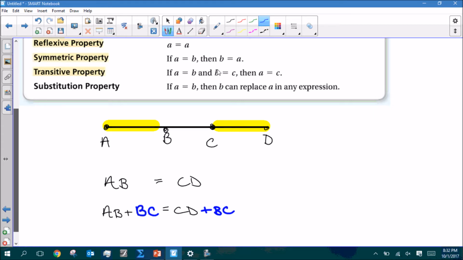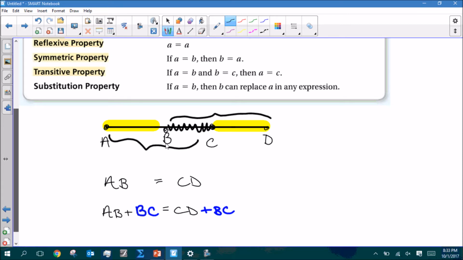Okay. Now what we've done here visually is we started with this yellow segment AB, and now we've attached to it that segment right there, BC. So we're saying AB plus BC. And then we started on the right-hand side with CD, but we've added this black segment BC to it. So we've developed that. Okay.